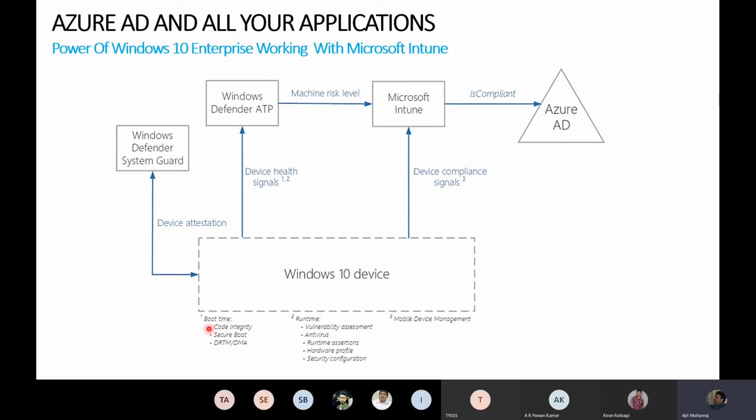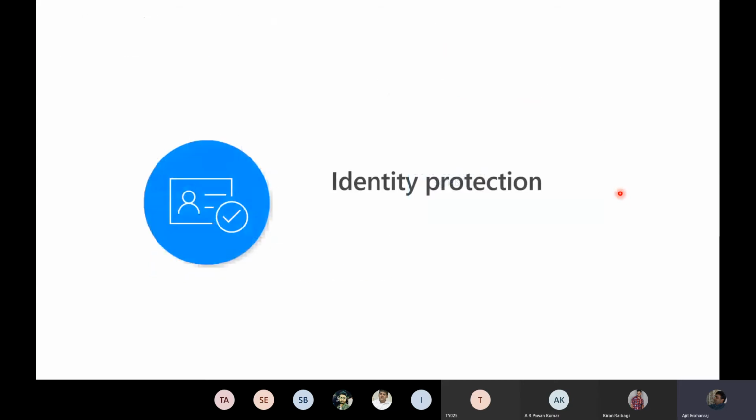At boot time, we do all these checks. At runtime, we're constantly doing these checks. I extend myself to be managed by Intune, so super secure, managed by Intune. That could be a signal that Intune sends out to Azure AD to then decide what kind of access is given. So Windows 10 plays in with Intune, plays in with Azure AD, and these really work together.